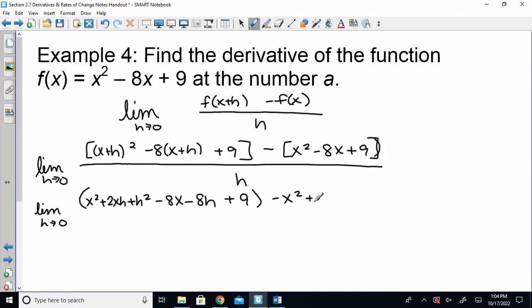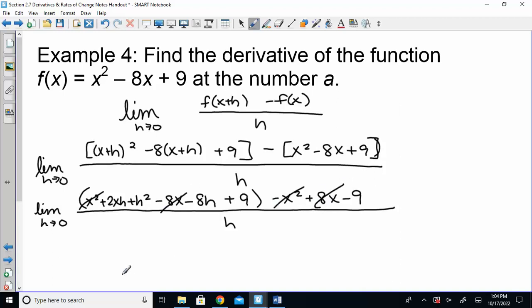If I distribute a negative through this one, so all we've done right now is multiply and distribute. How does this help me? x squared cancels out. 8x. And 9 cancels.